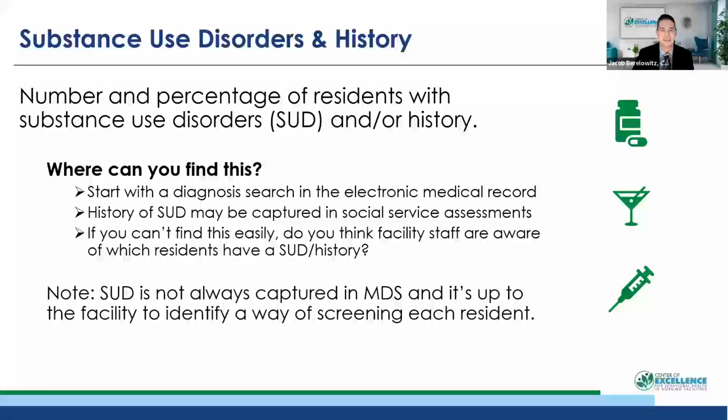They only have a history. They're in recovery at this point, but they still may have some very special needs that you need to be mindful of. So it's important to capture both residents with a history and residents who may have a current diagnosis, which may mean they were actively using right before they were admitted either to the hospital or to your facility.